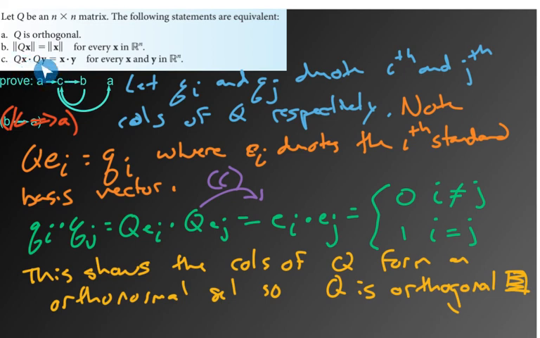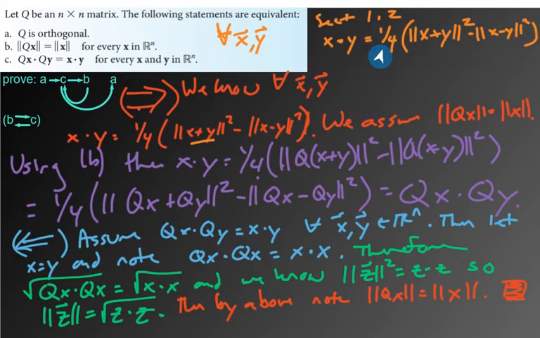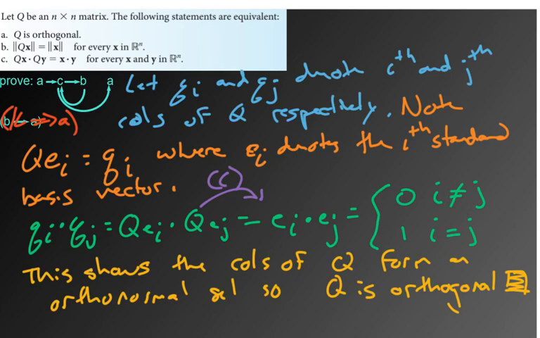And likewise, a dot product is a measurement of how much of one thing shows up on another. Because Q doesn't make vectors bigger, it's not going to make that dot product bigger. It's going to be the same this way as it is this way. But to prove that takes some weird tricks and weird identities and things like that. So a lot of this is just good proof technique demonstration.